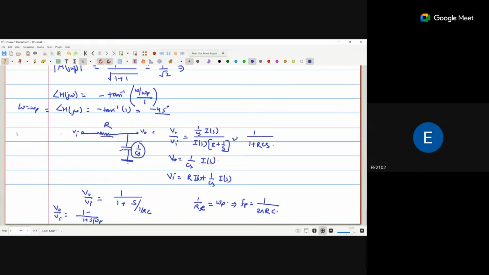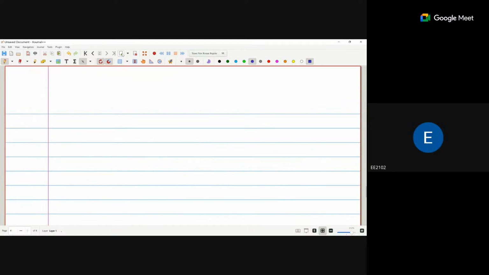Now the thing is that if I design a filter, that is my filter.